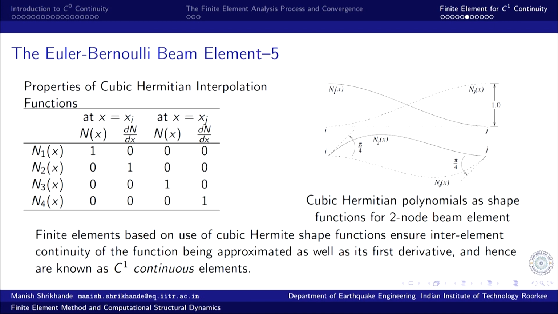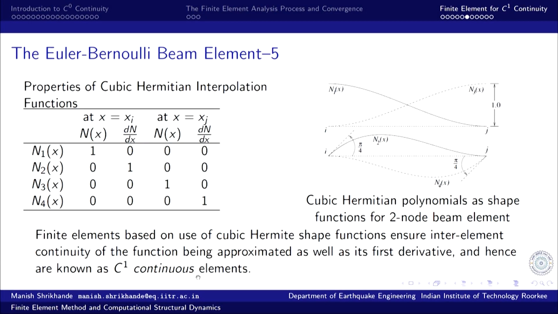So, finite elements based on these interpolation models, based on the use of these cubic Hermite shape functions, ensure inter-element continuity of the function being approximated. That is the transverse displacement as well as its first derivative, dV/dx or theta, the slope of the deflected shape.